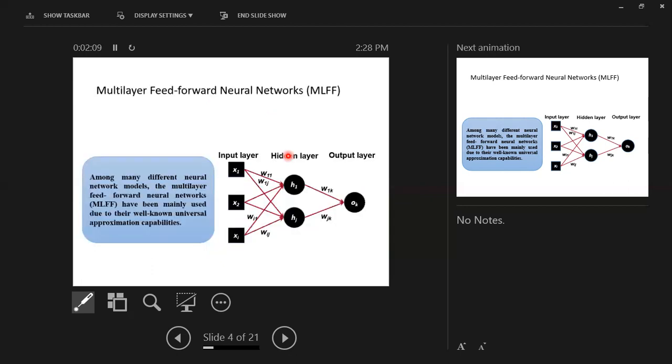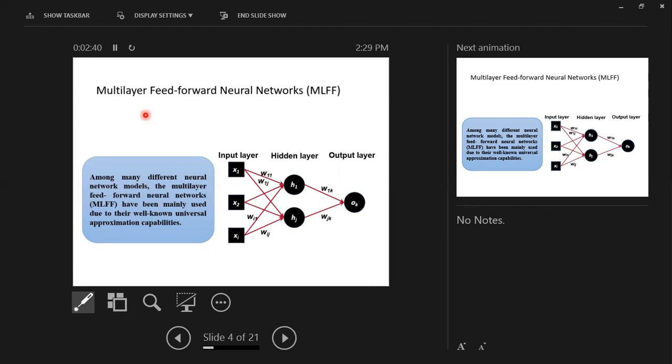After the artificial neural network, moving towards the multi-layered feed-forward neural network. We can see from its name that it is a feed-forward neural network. The feed-forward neural network consists of the input layers, the hidden layers, and the output layers. Among many different neural network models, the multi-layer feed-forward neural network has been mainly used due to its well-known universal approximation capabilities.